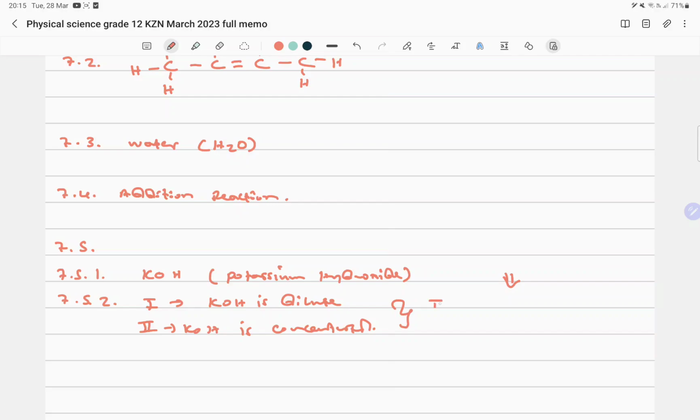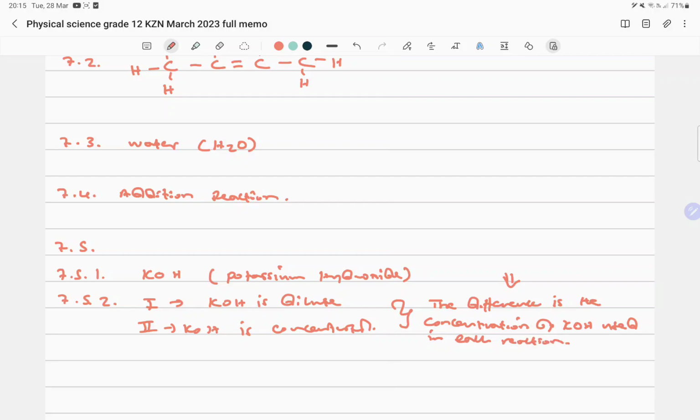So we can say the difference is the concentration of KOH used in each reaction.